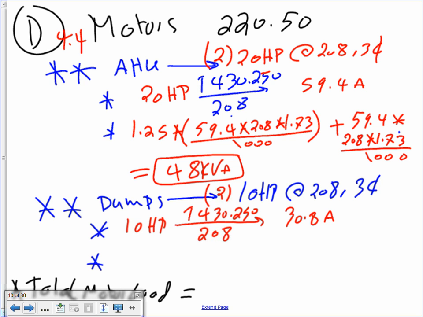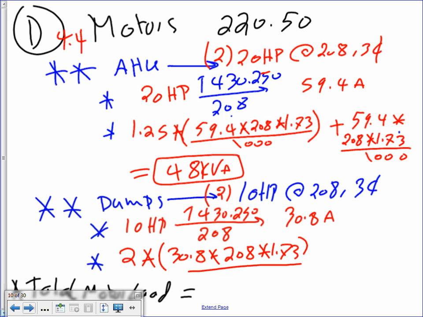Since there are two of them, I multiply 2 by 30.8, multiply by 208 times 1.73, and divide everything by 1,000. Don't forget that.